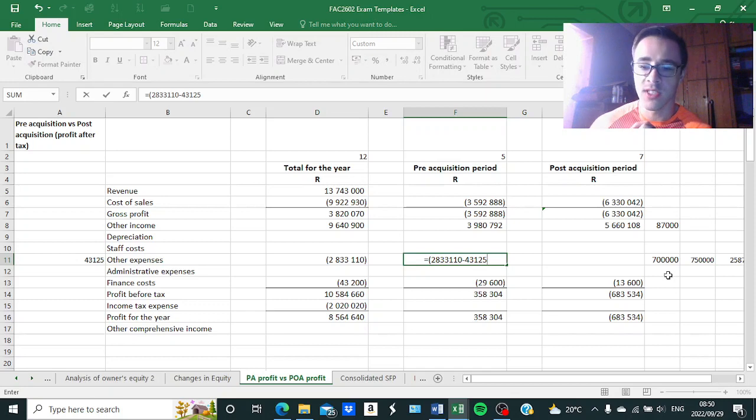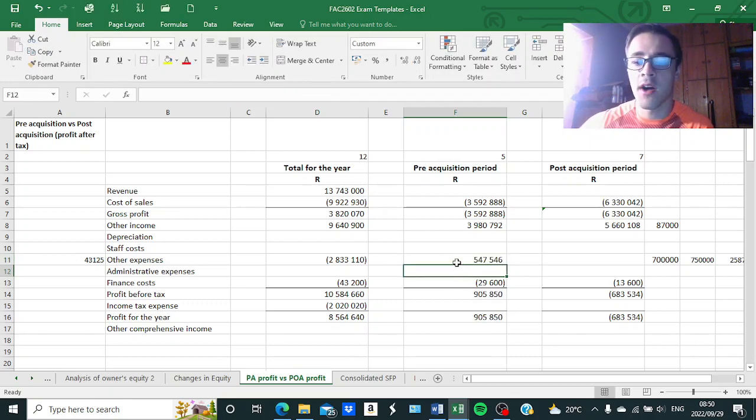And then we need to remove the 700,750, as well as the 25,875. All three of those amounts pertain to the post-acquisition period. So the amount that you have calculated here can be split evenly between the two periods. Okay, so we will multiply that answer by 5/12.